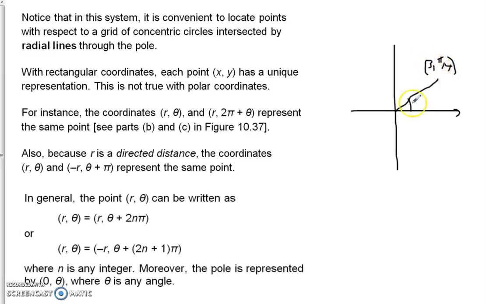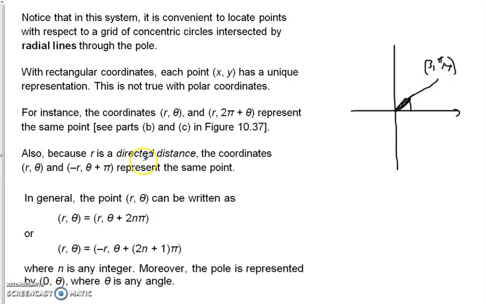You get the idea. I went out 3 units at an angle of pi over 4. And imagine now if I went out 3 units, and instead of just going pi over 4, I went pi over 4 plus another 2 pi. Well, it'd land me in the exact same spot. And so we have basically an infinite number of ways to describe any given point.